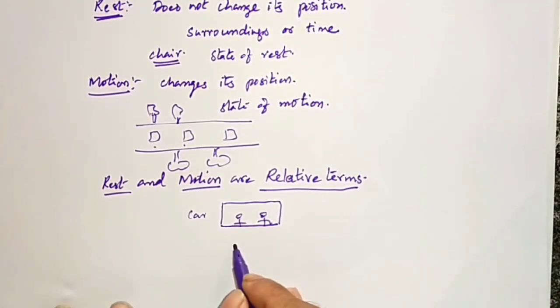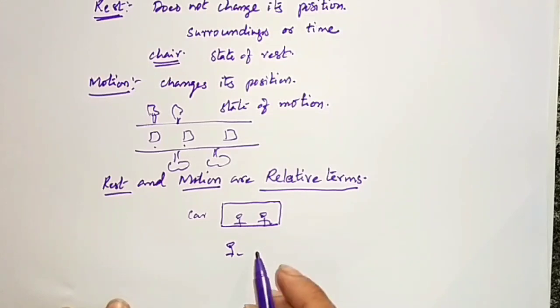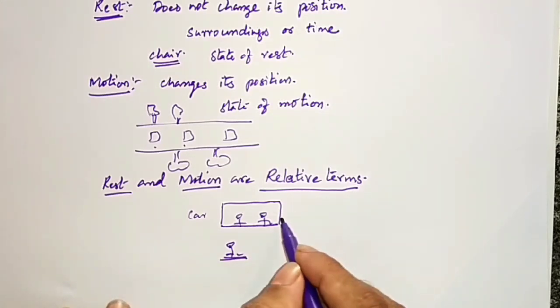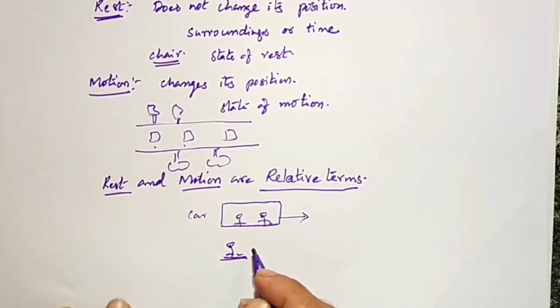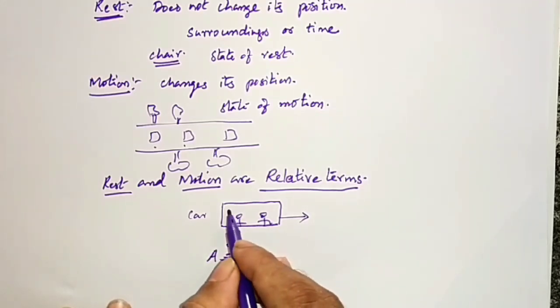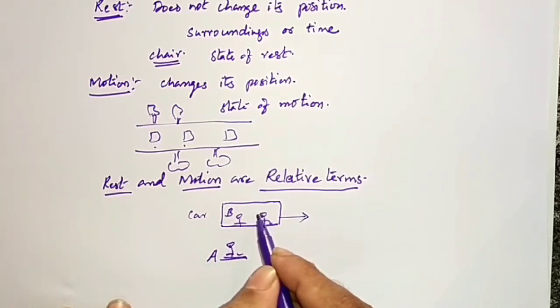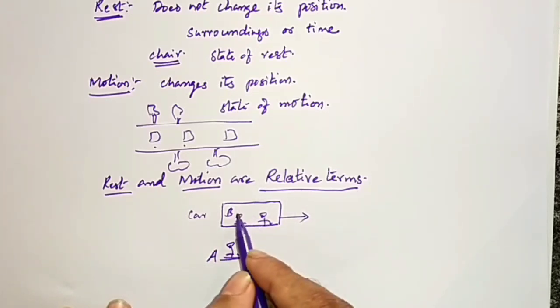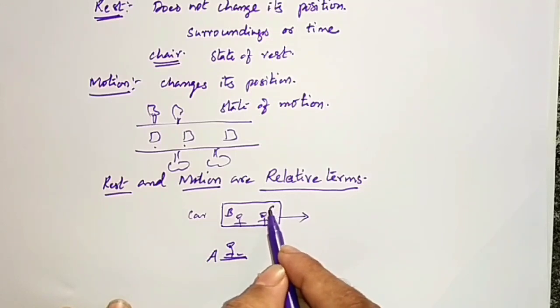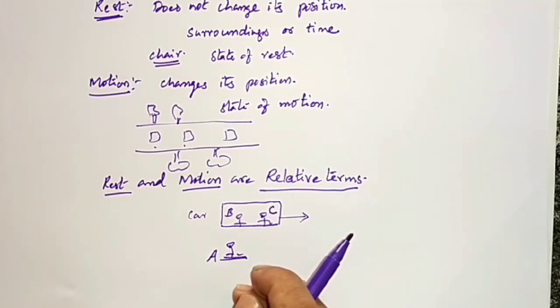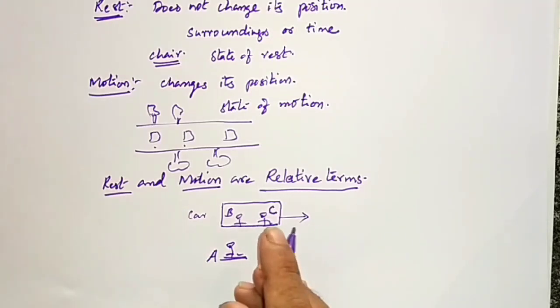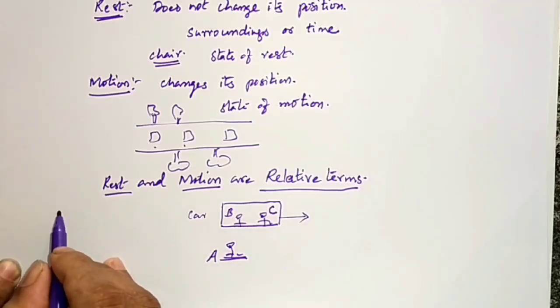You are observing from this position. You are at rest completely. The car is moving here. Let us take your name as A, this person is B, and this person is C. These are the names.